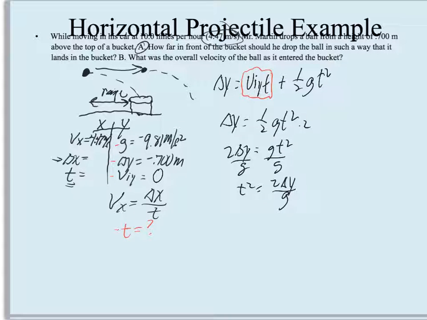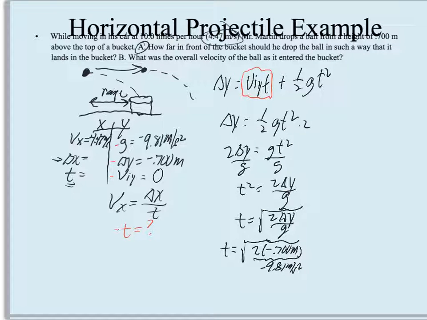And then how do I get rid of the squared? Well, I got to square root both sides. So it's the square root of 2 delta y over g. And now I'm ready to plug and chug. So t equals the square root of 2 times delta y, it's negative 0.7 meters, over g, which is negative 9.81 meters per second squared.